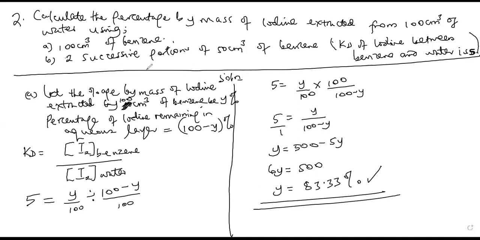What do we get? What we shall do for two successive portions, we shall first look for the first portion, second portion, then we add them. And we expect the percent to be beyond 83.33. Let's see.